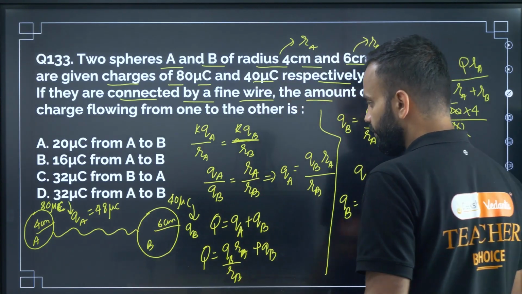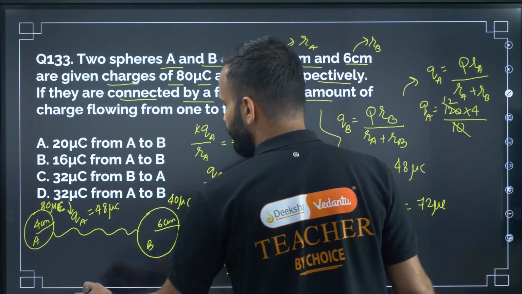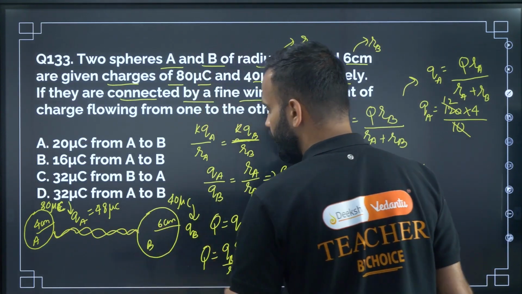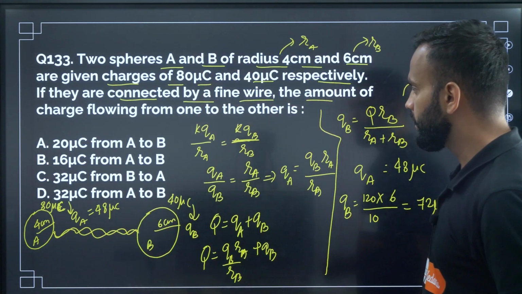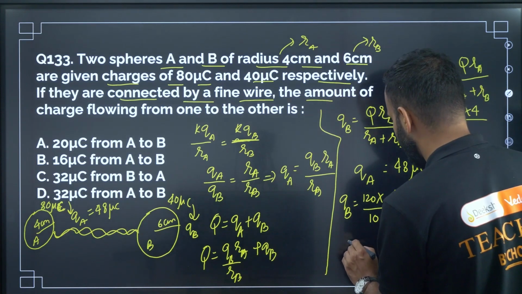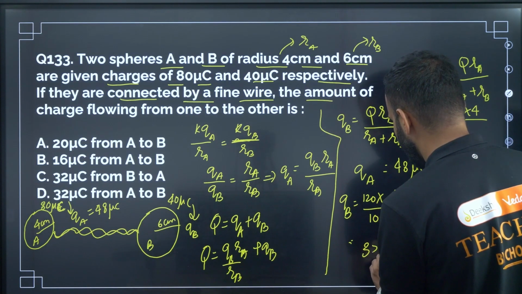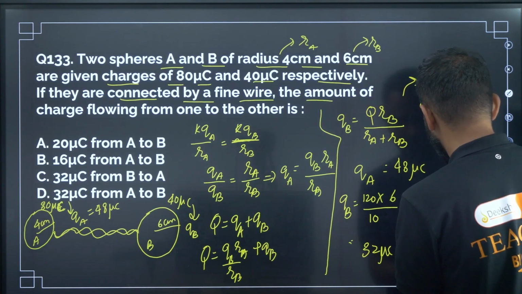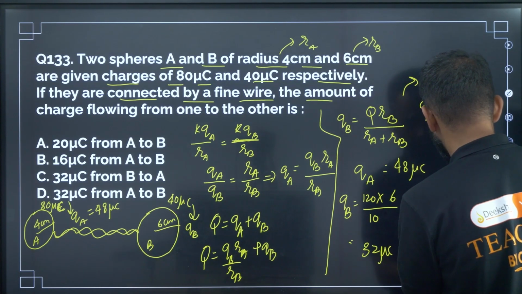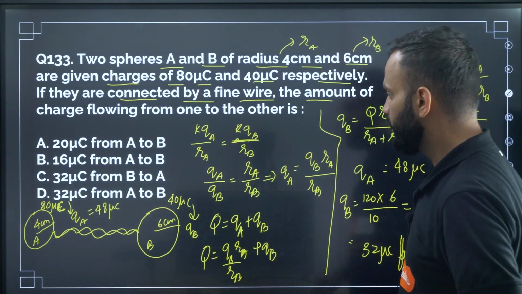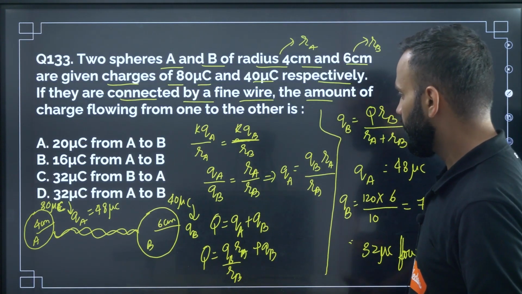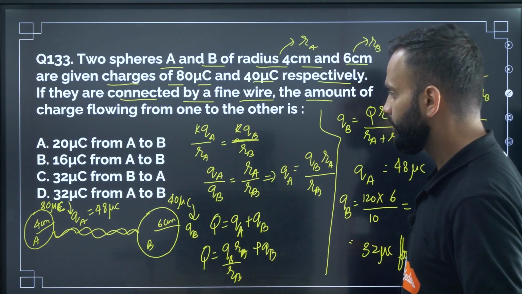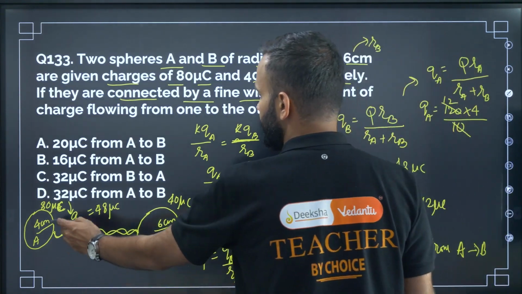So some amount of charge flown from A to B. What is the amount? The amount is 32 microcoulomb. 32 microcoulomb flown from A to B. Okay, so the correct option is D.